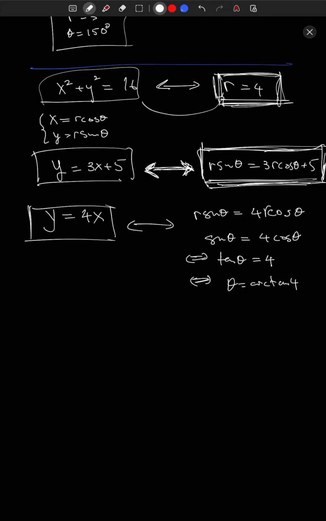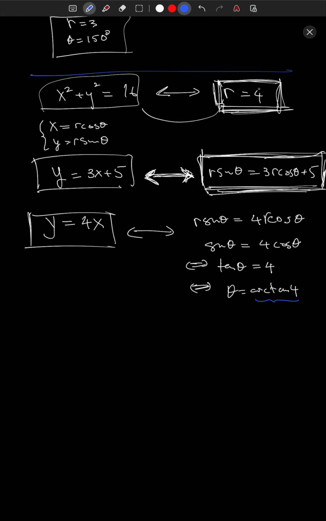This arctangent of 4 is not so nice, but what you do notice that is nice is that this is just a constant on the right-hand side. So theta is just a constant, right? So a circle up here is described as r equals a constant. Down here, theta is a constant, describes a line through the origin. Okay, notice here we're allowed to have r negative, so this actually describes the entire line.